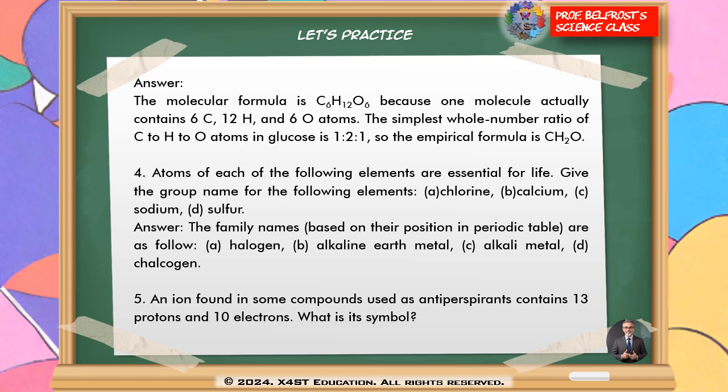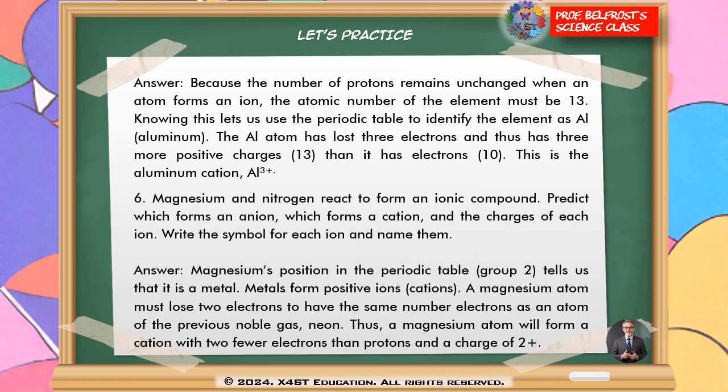Done. Number 5. An ion found in some compounds used as antiperspirants contains 30 protons and 10 electrons. What is its symbol? Because the number of protons remains unchanged when an atom forms an ion, the atomic number of the element must be 30. Very clear.